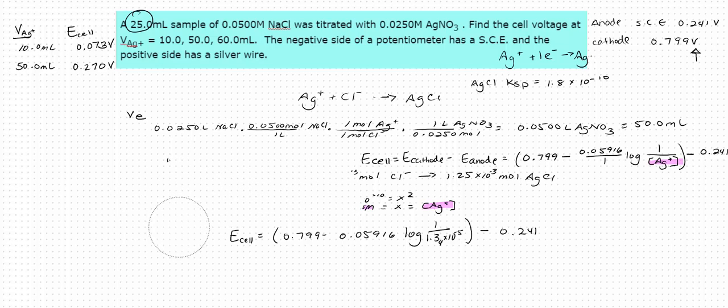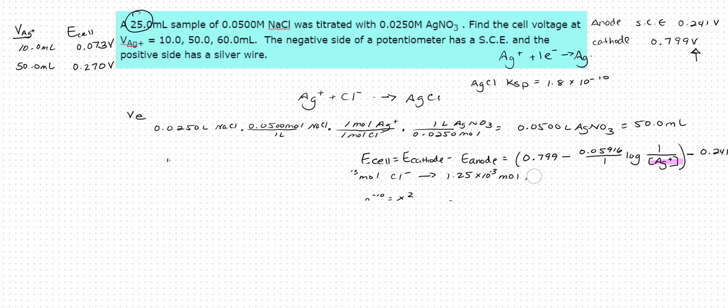So after the equivalence point, we're going to have an excess of silver, the way that this one is written out, because we're titrating with silver as the titrant. So after the equivalence point, that's 60 milliliters of silver nitrate, we have an excess of silver. So let's calculate those moles. Let's do it the long way. We had 1.25 times 10 to the minus 3 moles of our chloride.